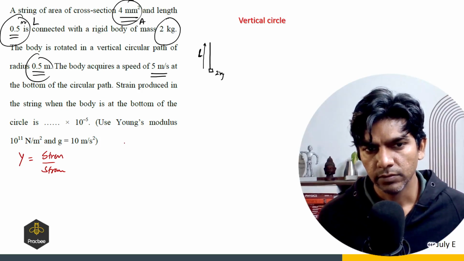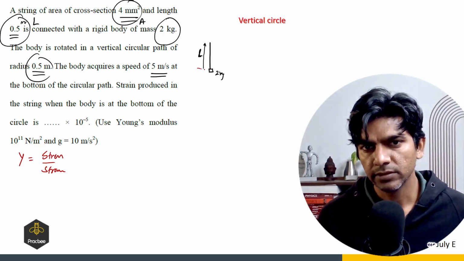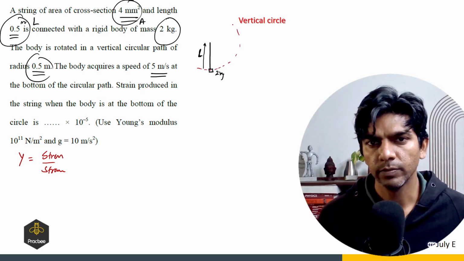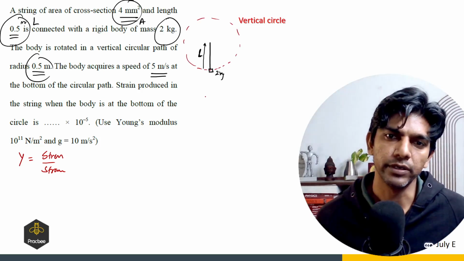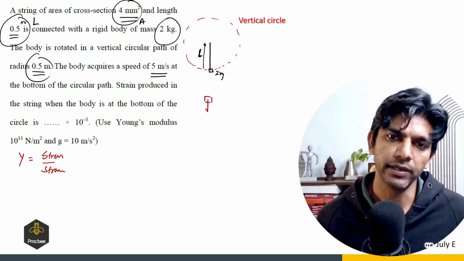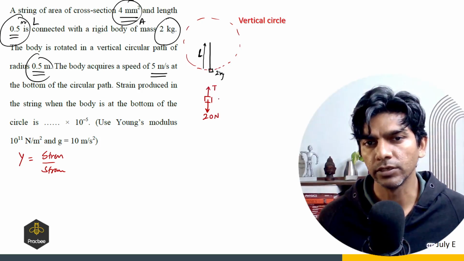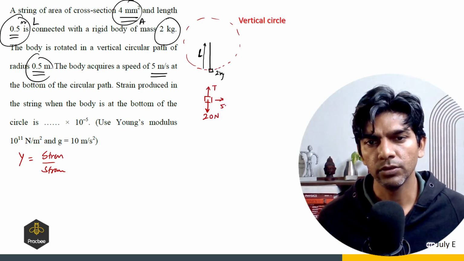So let us draw the free body diagram as the mass is going in a circular path. At the bottommost point, there will be a gravitational force of 20 Newton in the downward direction and a tension in the upward direction, and it has a velocity of 5 meters per second.